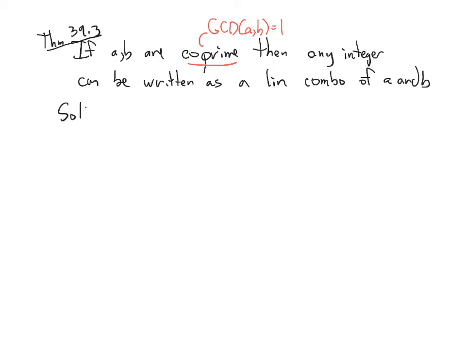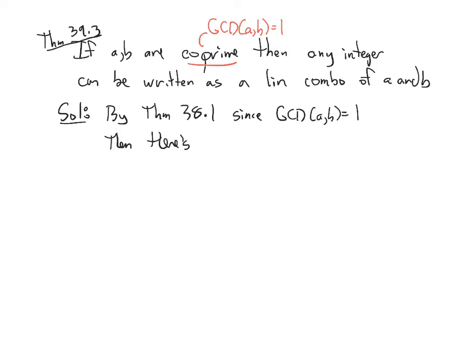So by theorem 38.1, remember that said that since we know the greatest common divisor of A and B is 1 because A and B are coprime, then there's a linear combo such that the linear combo, let me write as ax plus by because that's how I did it before, ax plus by indeed equals 1.